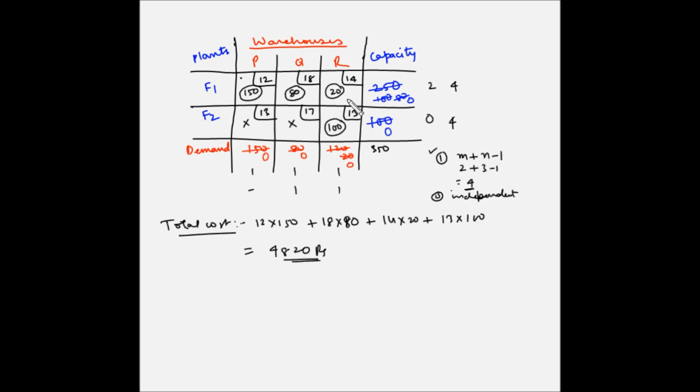So let's try one of the cells, which is F1R. Now from here we have to form a closed loop and come back to this cell using horizontal and vertical jumps from the occupied cells.